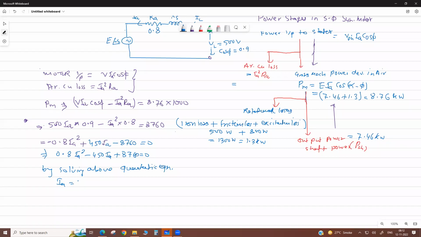This value comes 542.3. There are two values that will come, x1 and x2. So the second is 20.